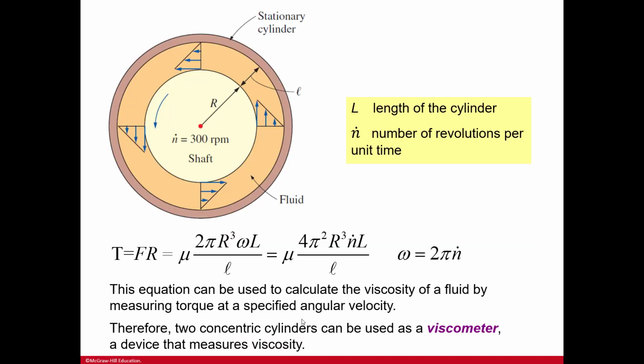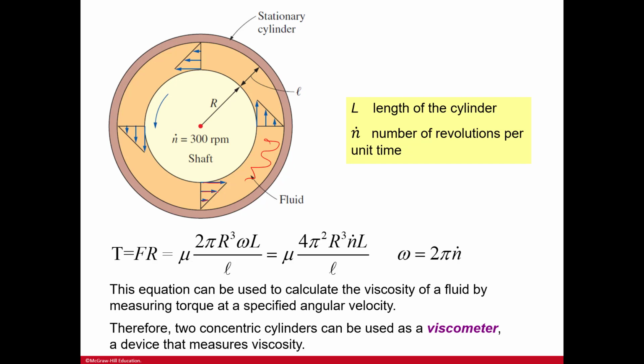So here, this equation can be used to calculate the viscosity of a fluid by measuring the torque at a specified angular velocity. And so here you have a stationary cylinder on the outside, and then you have a shaft going on the inside, and then you have that working fluid, right, going around the shaft. So this is all of our working fluid. And you see you have these drag forces here. Okay.